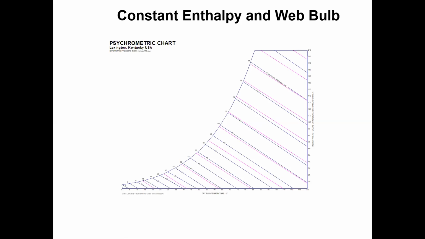Here you can see the wet bulb temperature and constant enthalpy lines together. They are similar lines but with different values, colors and slightly different slopes, so you have to get very familiar with them.